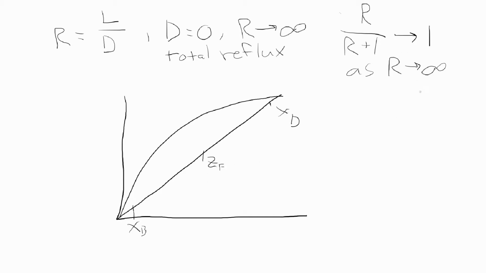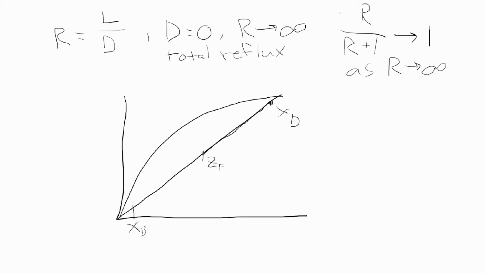Now what this is telling us is that the slope of the rectifying section operating line is 1, which means it lies on the 45-degree line, and because it intersects at xD on the 45-degree line, we know that the entire rectifying section operating line is identical to the 45-degree line.